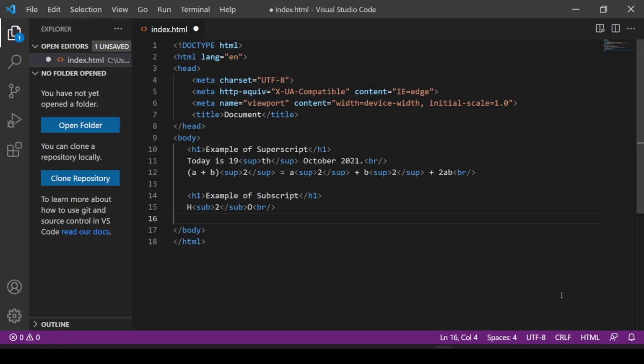Likewise, we can use methane. Methane's chemical formula is CH4.